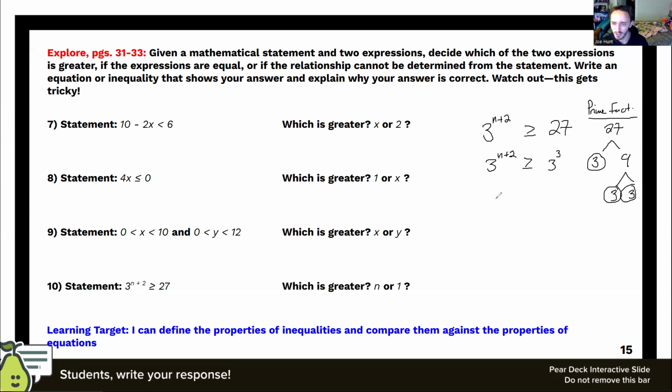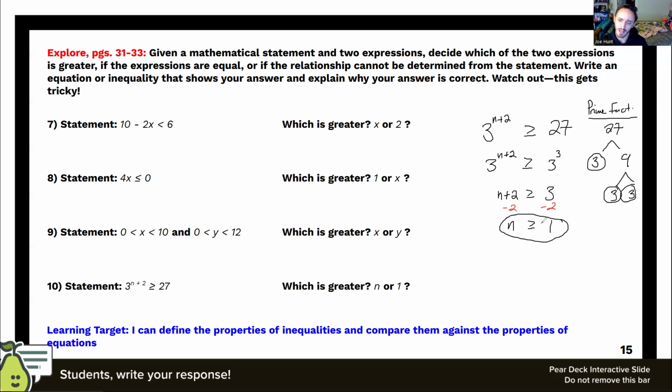I'm more focusing on the exponents to say, okay, well, then that must mean n plus 2 is greater than or equal to the power 3. And if this is true, that means I can take away 2 from both sides of the inequality and not really harm anything, right? I'm maintaining a balance. And with adding or subtracting, it doesn't matter if it's positive or if it's negative. So this is going to tell me that n is greater than or equal to 1.